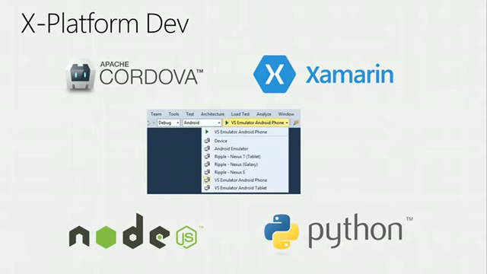And you'll see that we've created a new Android emulator directly within the IDE so that you can start debugging and running these applications against an emulator that runs on our Hyper-V technology and works a lot faster than some of the other market emulators out there.